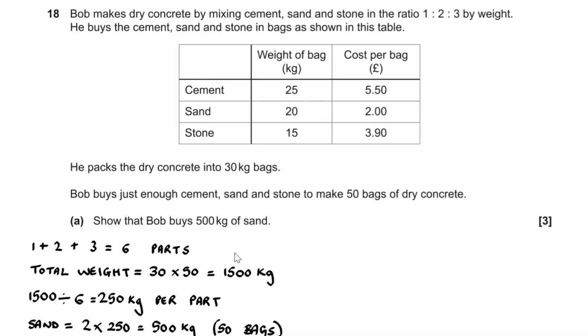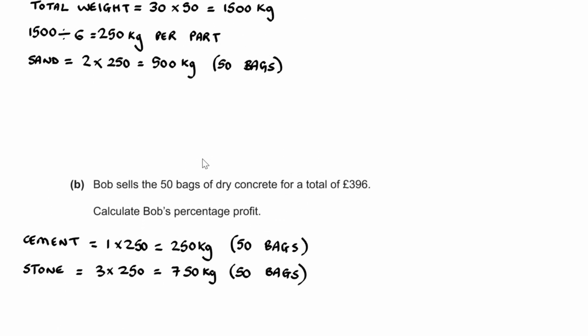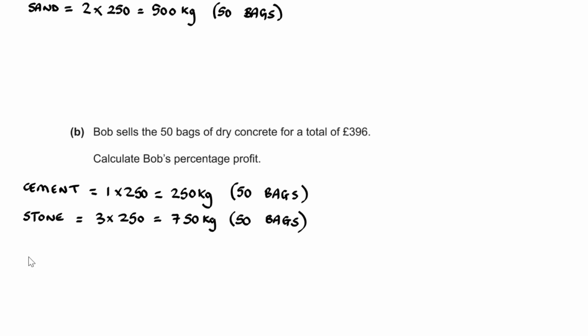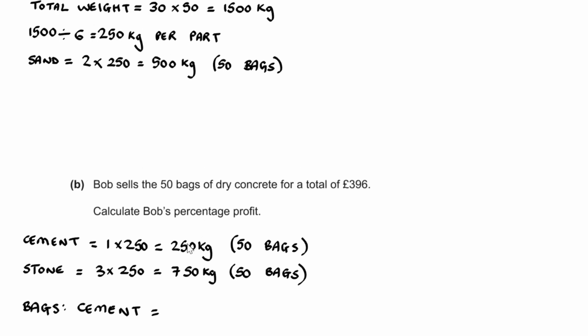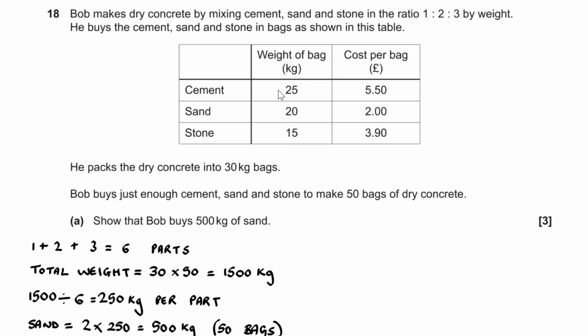So now what we can do is find out the number of bags we need for cement, sand and stone. So for cement, let's just write this down here. For the bags for the cement, well, for 50 bags we've got over here 250 kilograms, and the weight of a bag is 25.